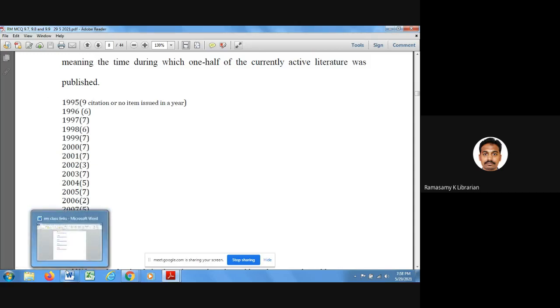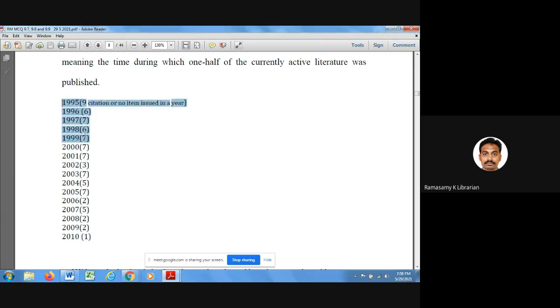You have to find out the median. So what is the half of total citations? 42 citations. Okay, 42, 41 and a half, we'll make it 43. So 43 citations are the half of the total citations received by this paper. So this paper has received 43 citations, half of the citations, in how many years? You start from the first year, 9 plus 6 plus 7 plus 6 plus 7 plus 7.